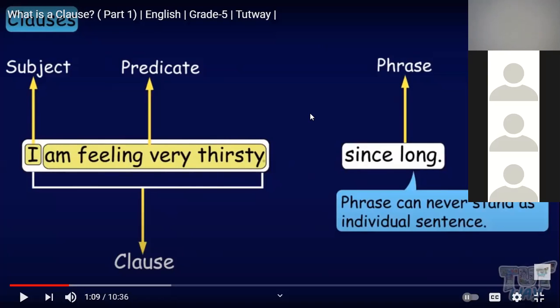"I'm feeling very thirsty" is a clause, and "since long" is a phrase. Why is it a clause? Because it consists of subject as well as predicate.